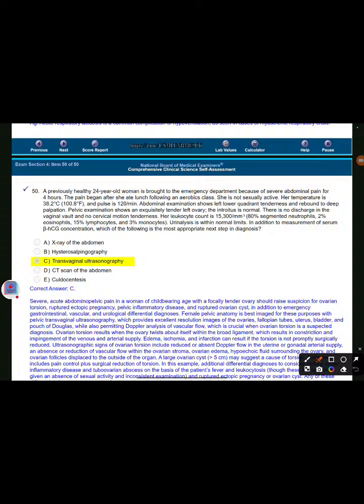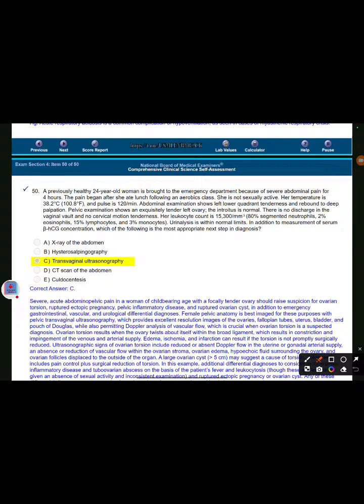Left lower quadrant tenderness means something near the appendix, and rebound tenderness to deep palpation. Pelvic examination shows an exquisitely tender left ovary.